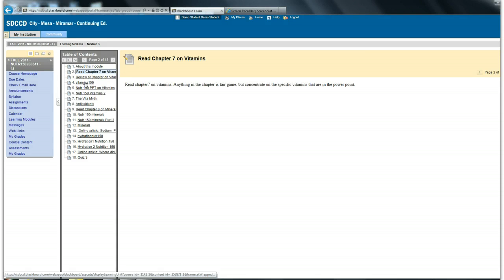I'm a big picture guy when it comes to vitamins and minerals, so I'm not going to ask you the exact amounts that anyone should have of any given vitamin or mineral. The important things to know are, what are the sources of this vitamin or mineral? What is the risk of toxicity? What is the risk of deficiency?